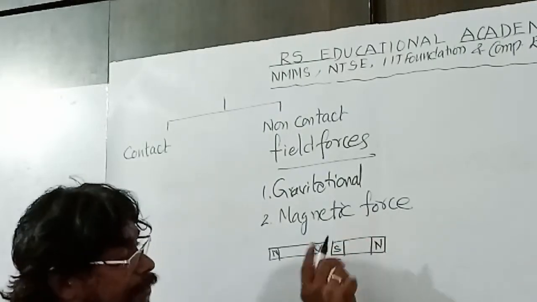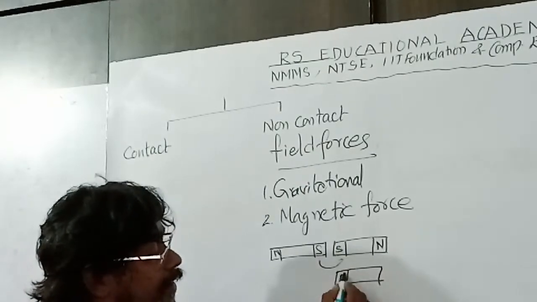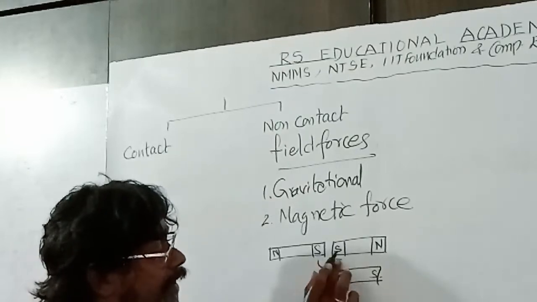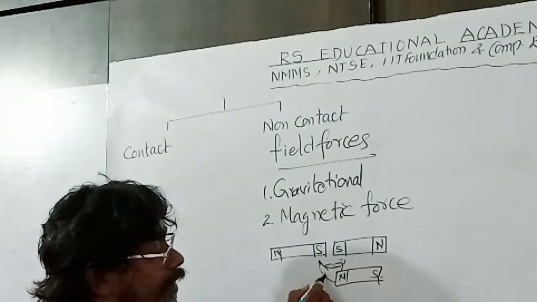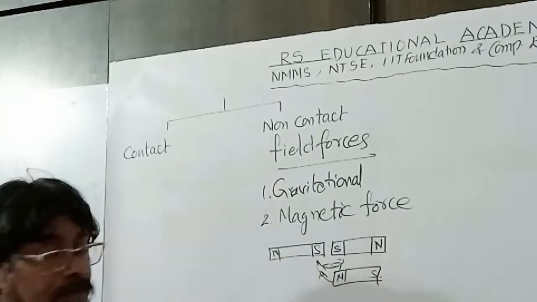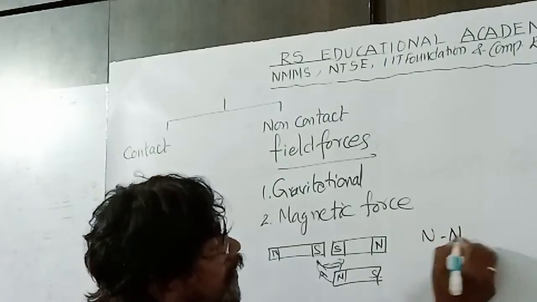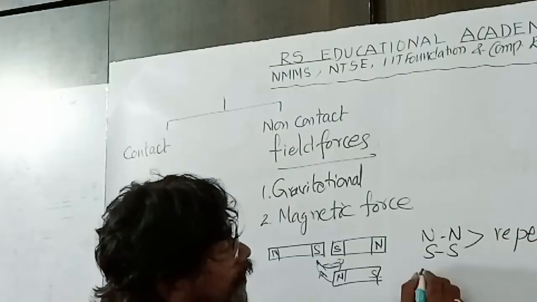Suppose if you change the pole like this, this is north and this is south, now attracting. So south pole is attracted by north pole. N N, S S repel.